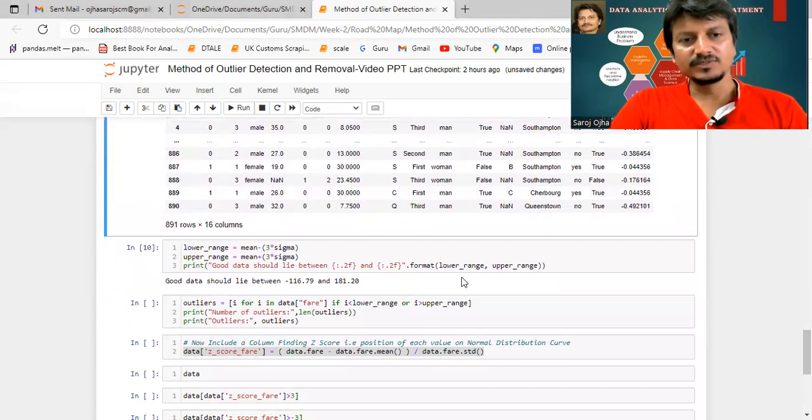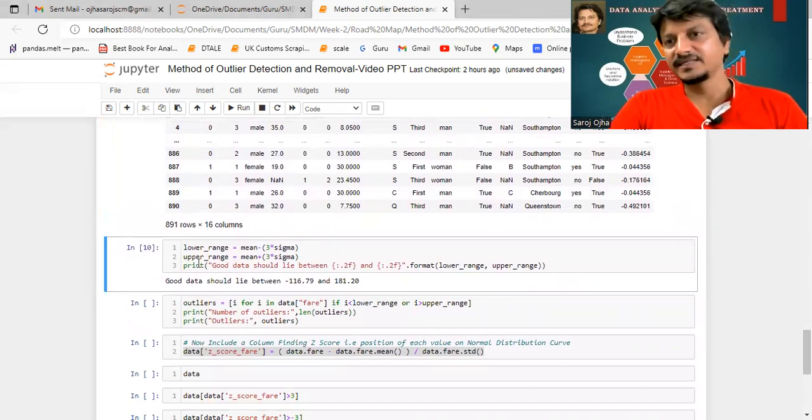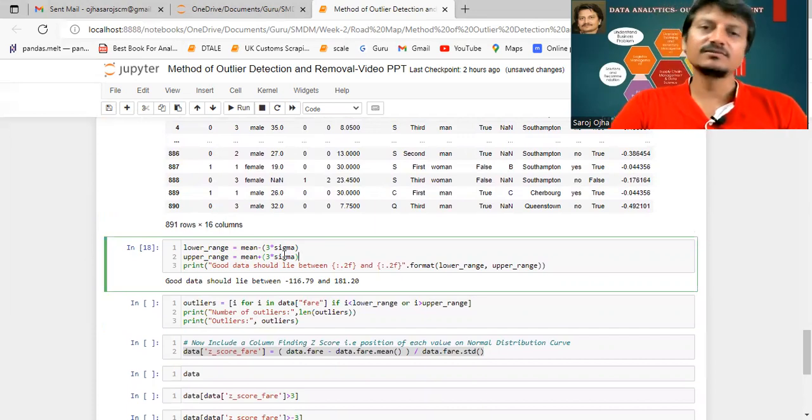Now I want to identify the number of outliers in this. So let's decide the lower range. I decided on 3 standard deviations, as we already understood that 3 standard deviations include 99.7% of data.